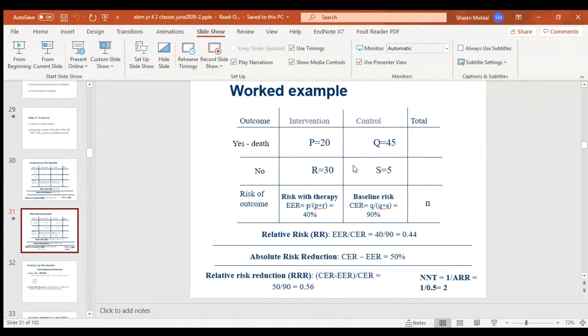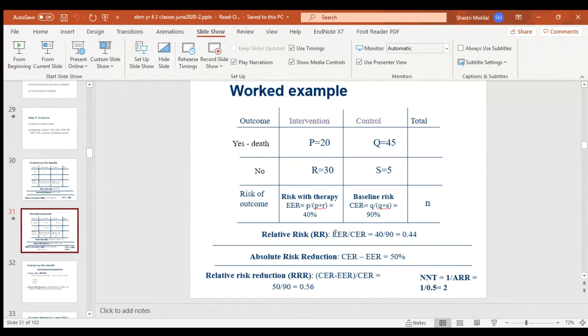Suppose I told you the relative risk was 1.5. That would mean the intervention had a death rate 1.5 times that of the control rate. And that would make you think this intervention is actually killing people, it's making people more sick, and we shouldn't give that drug.